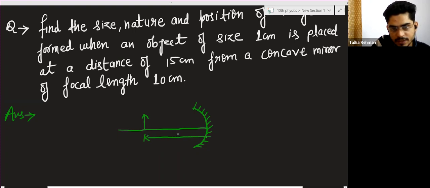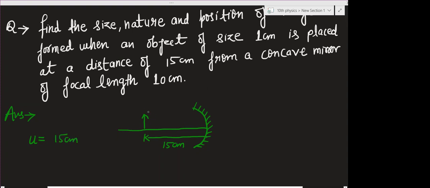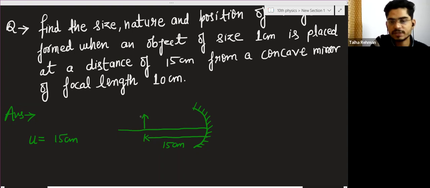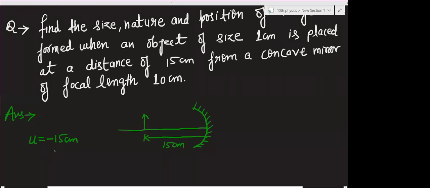So we have u equal to 15 centimeter, and this u is in front of the mirror, so we will take the negative sign. Light will go in this direction from the object, and we are measuring the distance in this direction. So u is negative.